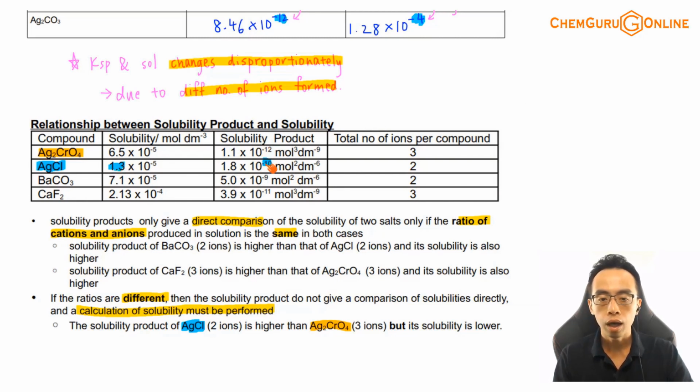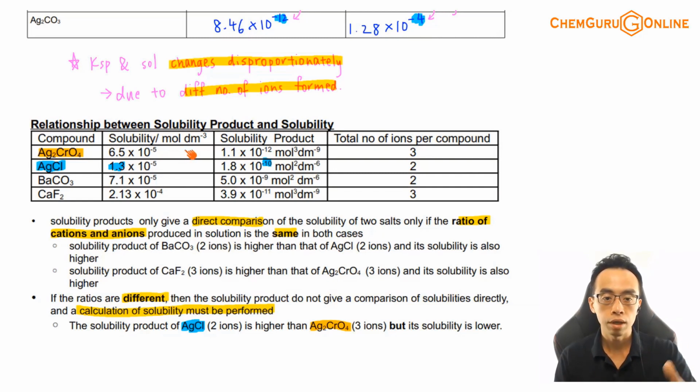So this is where I have a bigger KSP, but a smaller solubility. It's disproportionate. Again, the reason is very simple. The conversion is different. Involving AgCl, KSP to solubility, I do a square root. Involving Ag2CO3, the conversion from solubility product to solubility, I do a cube root. Because of that, the change is disproportionate.